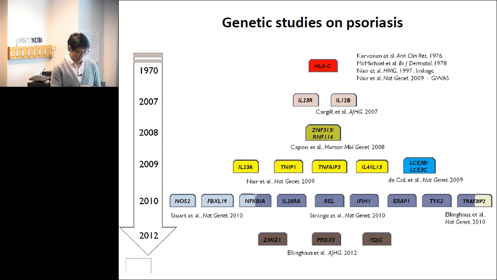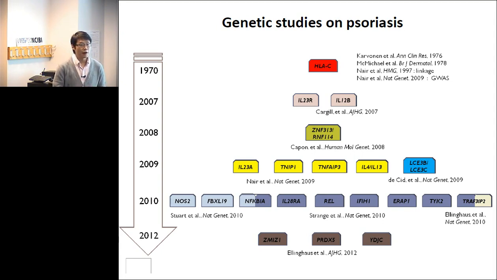Altogether, we have identified over 20 psoriasis-associated loci in Caucasians, all based on GWAS results. These are really promising results, but they are relatively low-hanging fruit because they have larger effect sizes, so they could be identified relatively more easily.